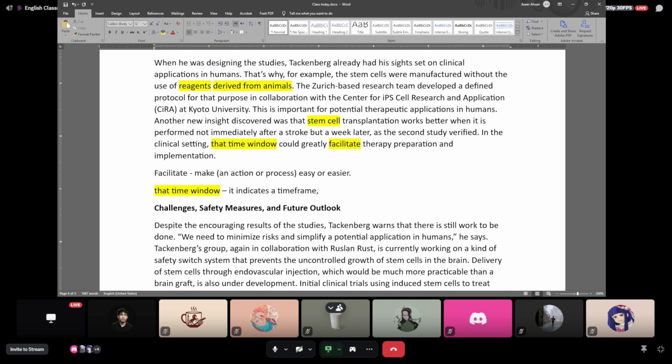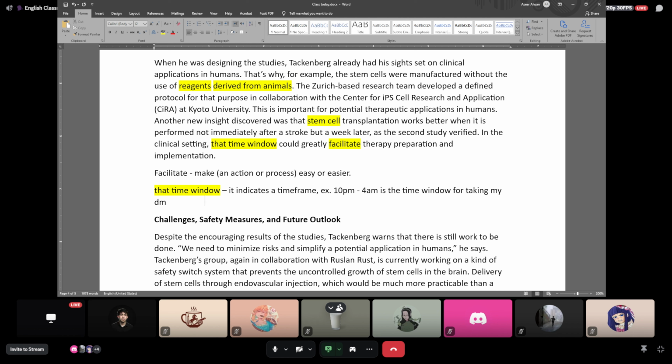For example, 10 p.m. until 4 a.m. is the time window for taking my medicine. I think the sentence is grammatically incorrect, or maybe it is not, but it's just for the sake of explanation.